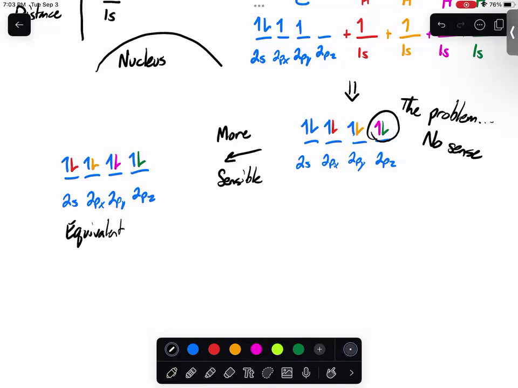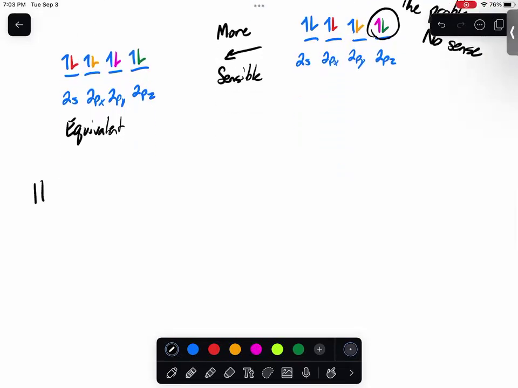And this is where the idea of hybridization comes into play. Because it's not like you can magically put that 2s electron into the 2pz orbital. Rather, what we see is hybridization occurring.